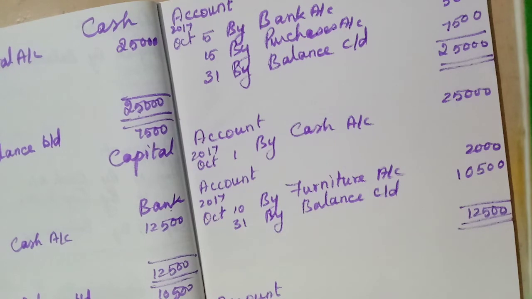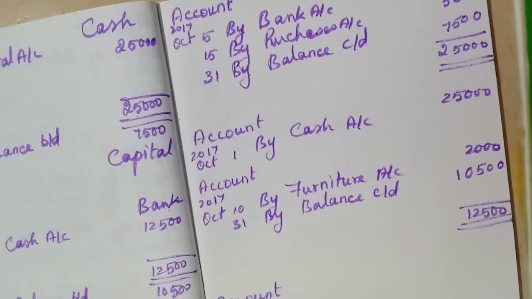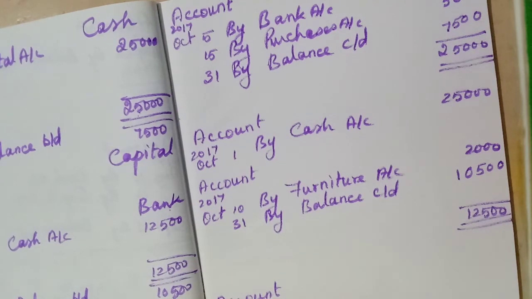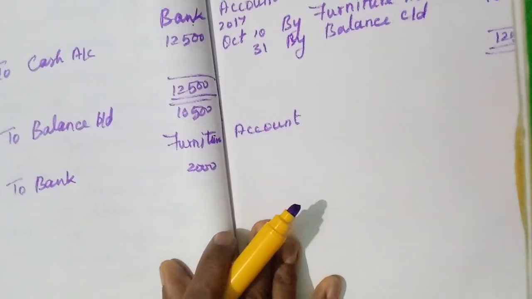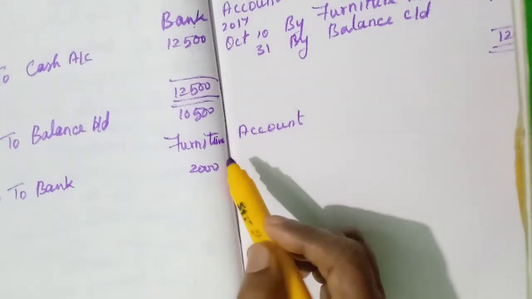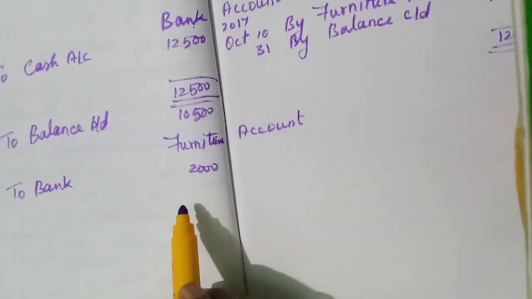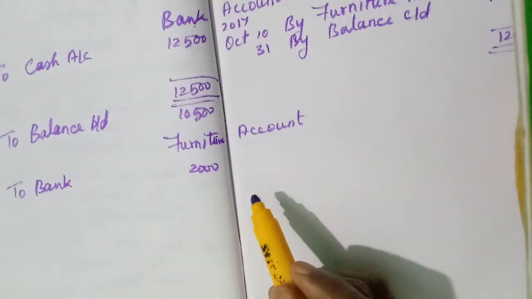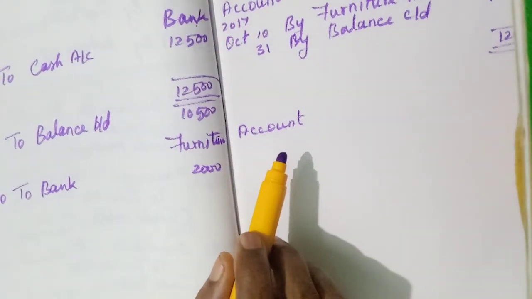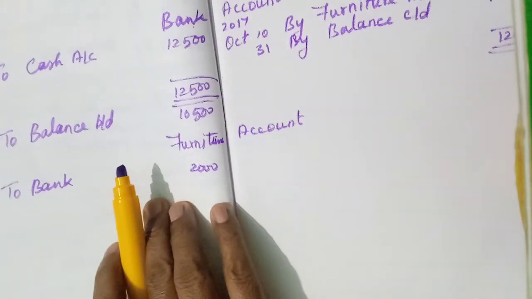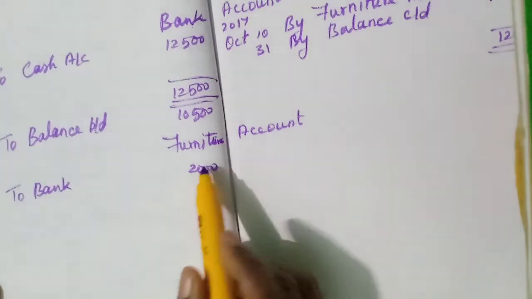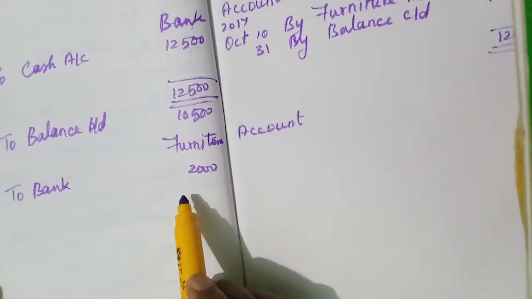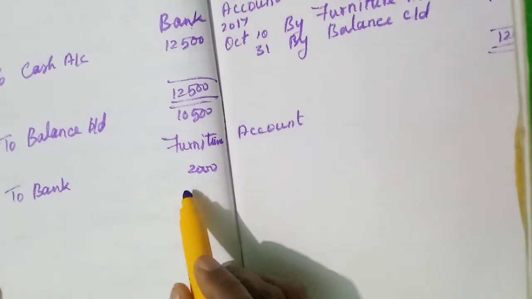To bank 2,000. Okay, one item you can leave as it is. If they ask you to balance the accounts, then it is a must. You have to balance. Otherwise, one item you can leave as it is. Okay. Since many accounts are there, but if it is only one account, two accounts they have asked, we should close the accounts. We have to balance the accounts.